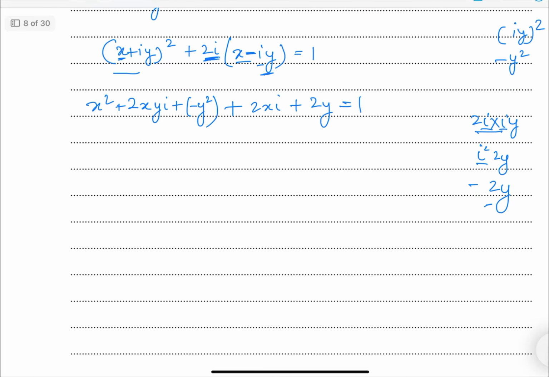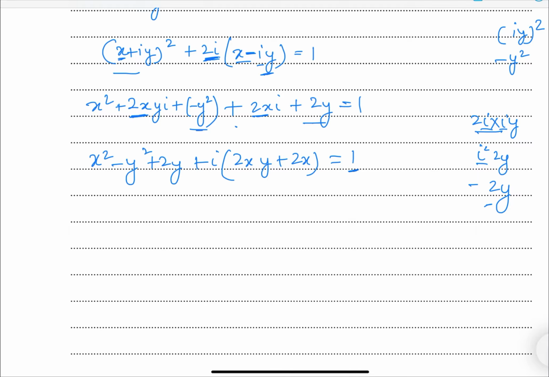Again we will do the same thing, real part. What is the real part in here? It is x square minus y square and what else? Plus 2y. Alright, and what is the imaginary part? Imaginary part is 2xy plus 2x, equals 1.